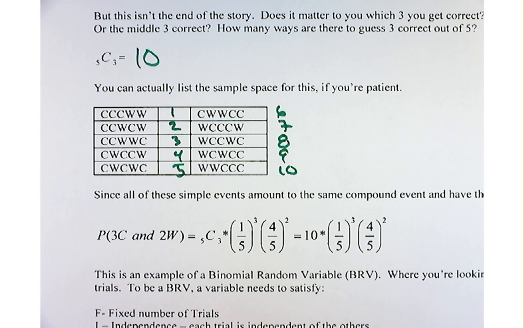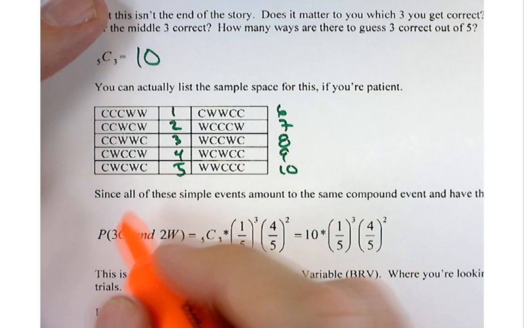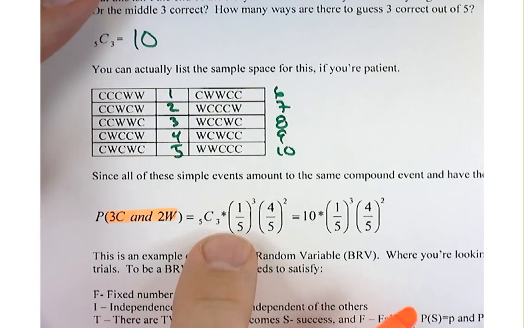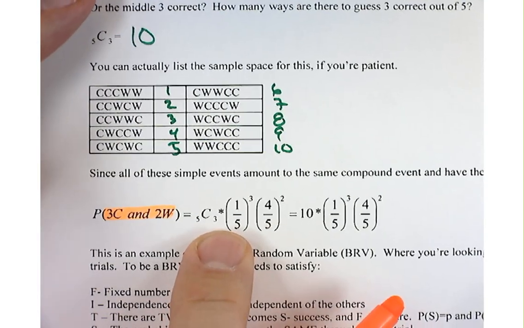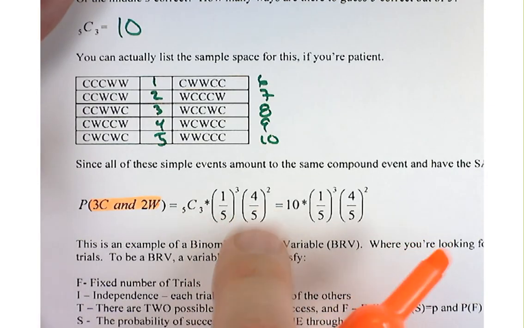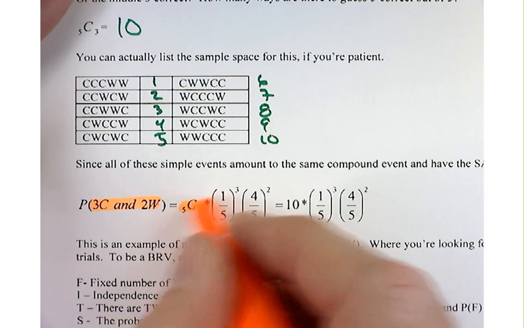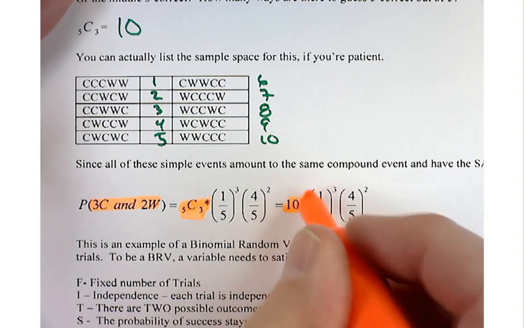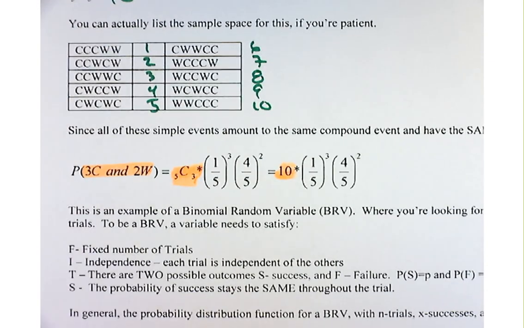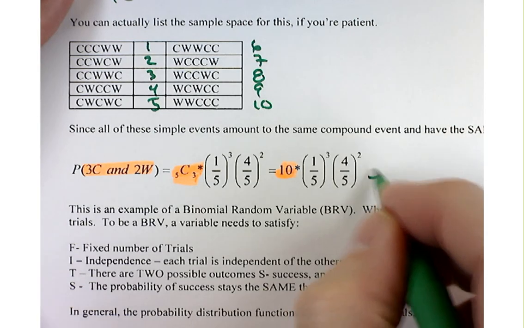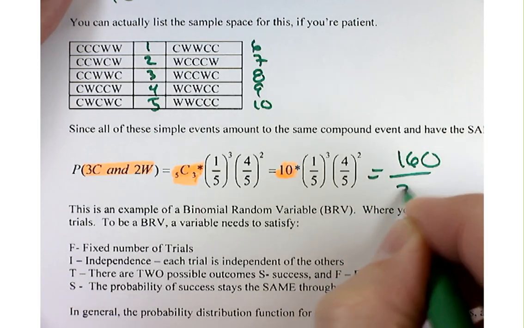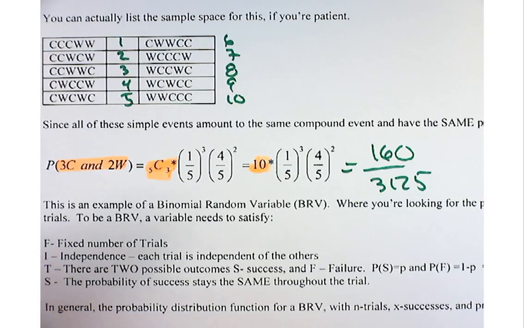So if you wanted to calculate the probability of 3 correct and 2 wrong, you take the probability we had above, the probability of 3 right and 2 wrong, and multiply it by 10. So what you'll end up with is a little bit better chance: 160 out of 3,125. So maybe around a 5% chance if you're just completely guessing.